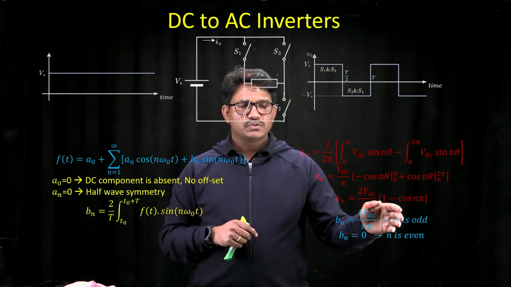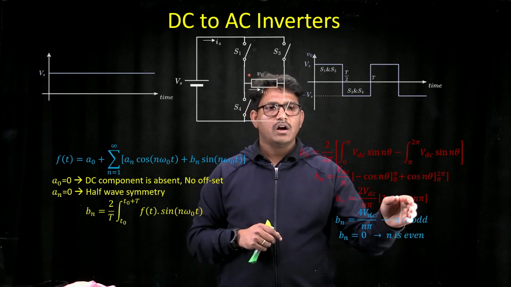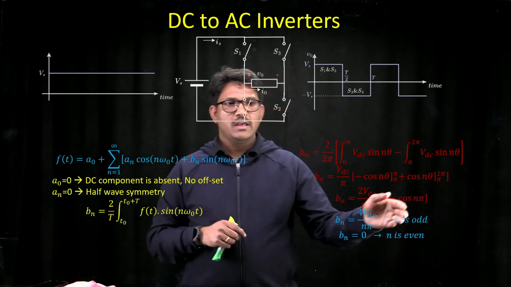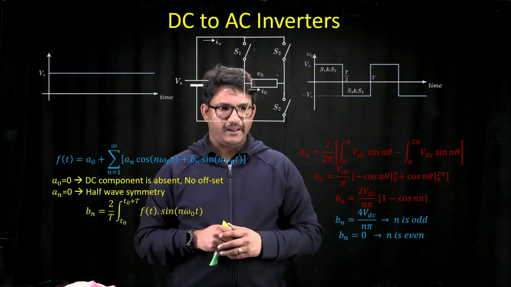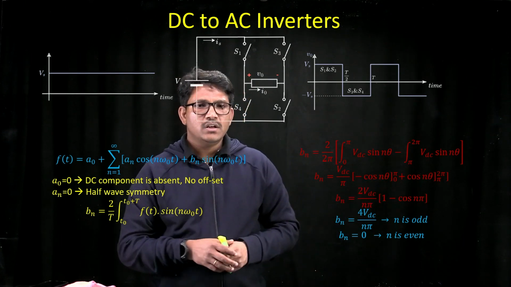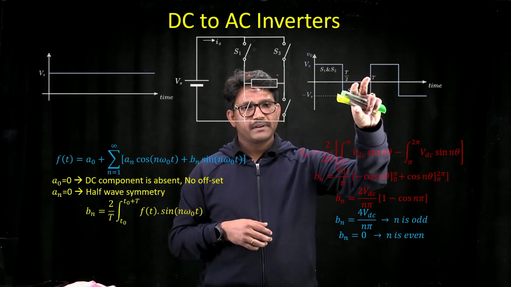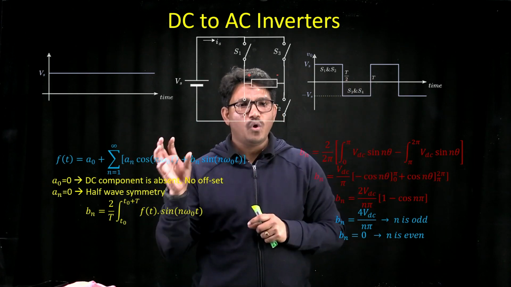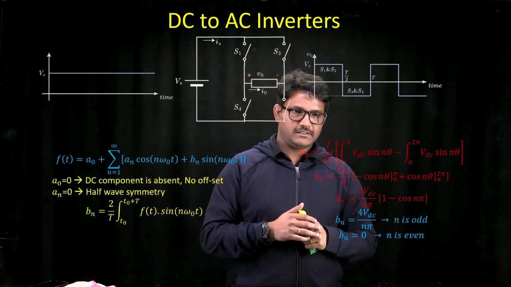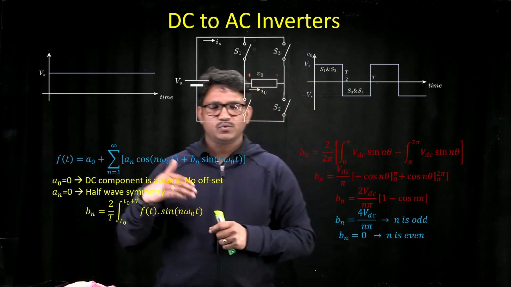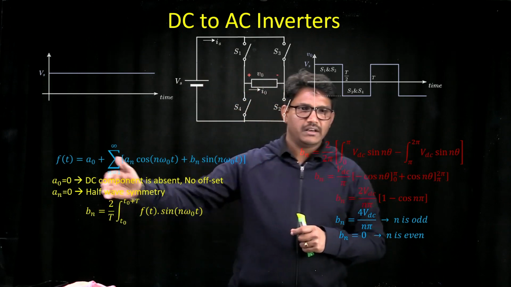For odd values of n, cos n pi is minus 1. In that case, you will have bn as 4VDC upon n pi, which indicates that the square wave is represented as a function of only sinusoidal functions that correspond to odd frequencies. The odd numbers are 1, 3, 5, 7, and so on.